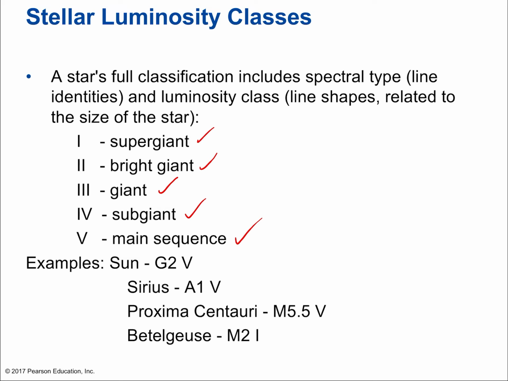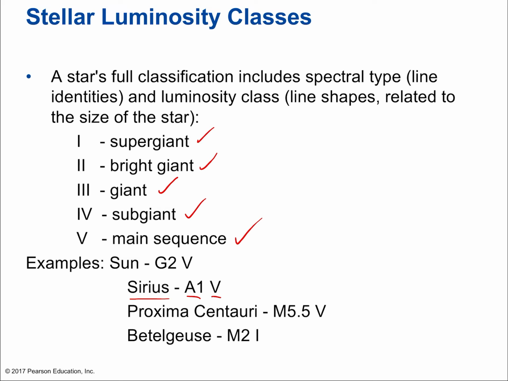Okay, and notice that there are more luminosity classes here than we've mentioned so far. I just mentioned supergiants and giants. Bright giants are in between, and then subgiants are less than giants. So, for example, you could have Sirius. That's a well-known star in the sky, one you can see with the naked eye very easily, and it would be A1V. Why is that?